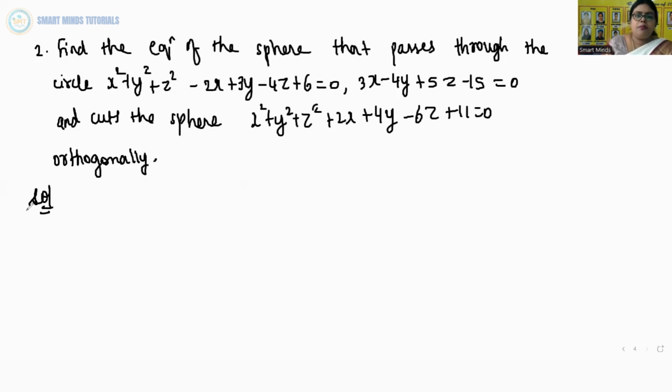So here you have to pass through the circle and it cuts the sphere orthogonally. So first let us write the given equation of the sphere.